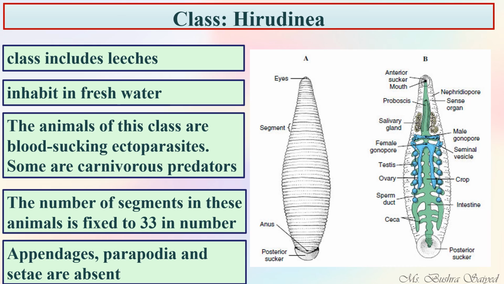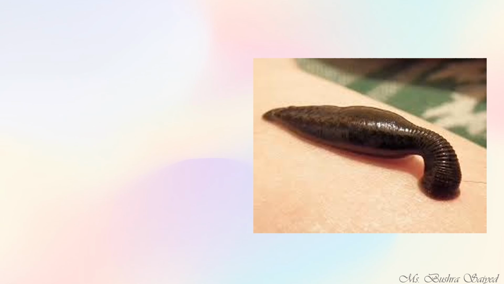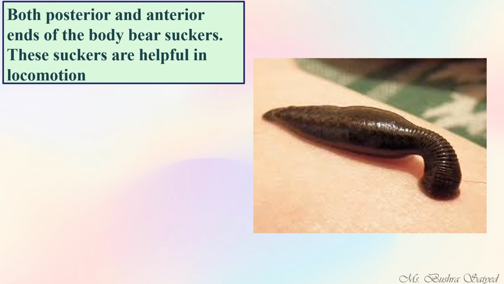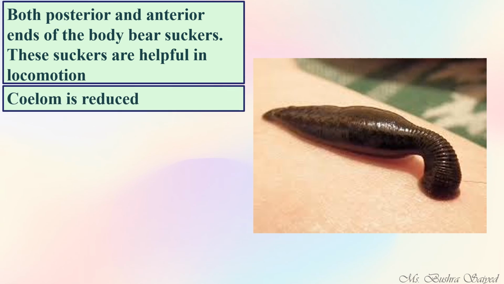So this is how a leech will look like. It is a slimy snail-like structure without a shell. Both posterior and anterior ends of the body have suckers. Suckers help not only for sucking the blood but also for locomotion.